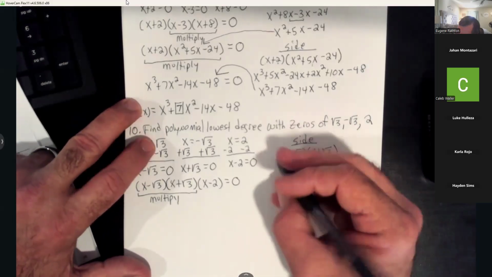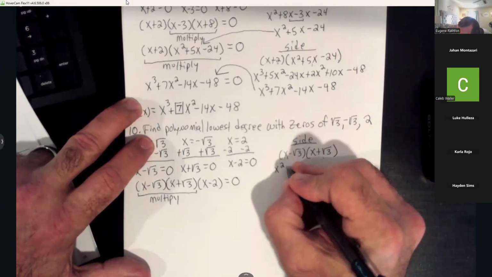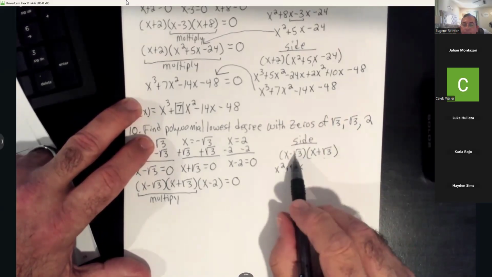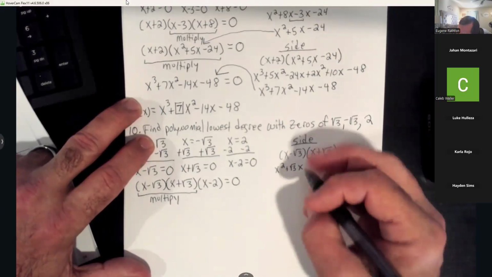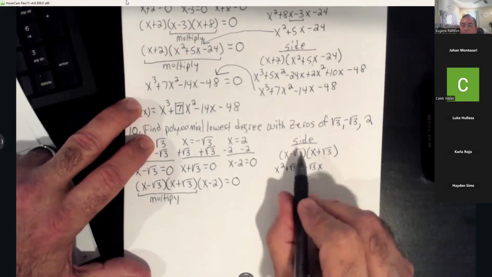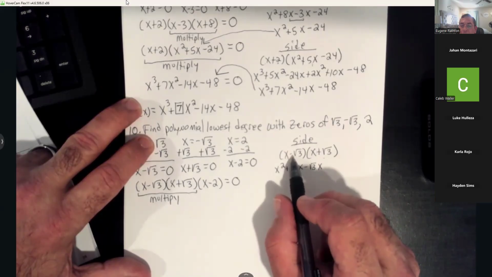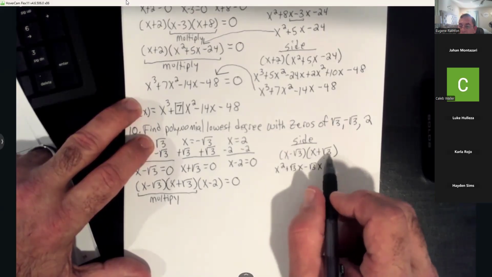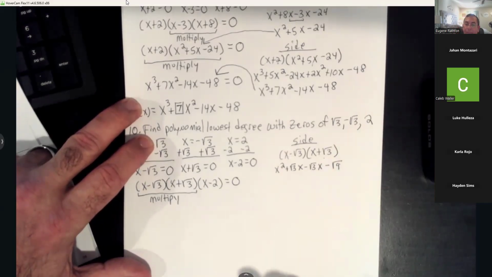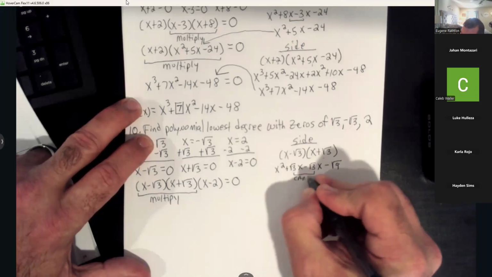x times x is x squared. x times the square root of 3 is a positive square root of 3 times x. Negative square root of 3 times x is a negative square root of 3 times x. Now these 3's are underneath, so I can actually multiply them. So a negative square root of 3 times a positive square root of 3 is a negative square root of 9. So if you notice, the middle two cancel.